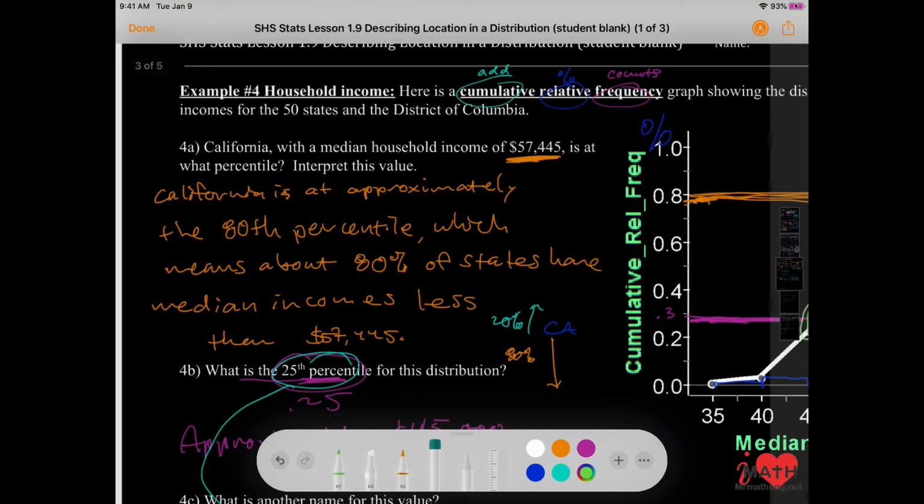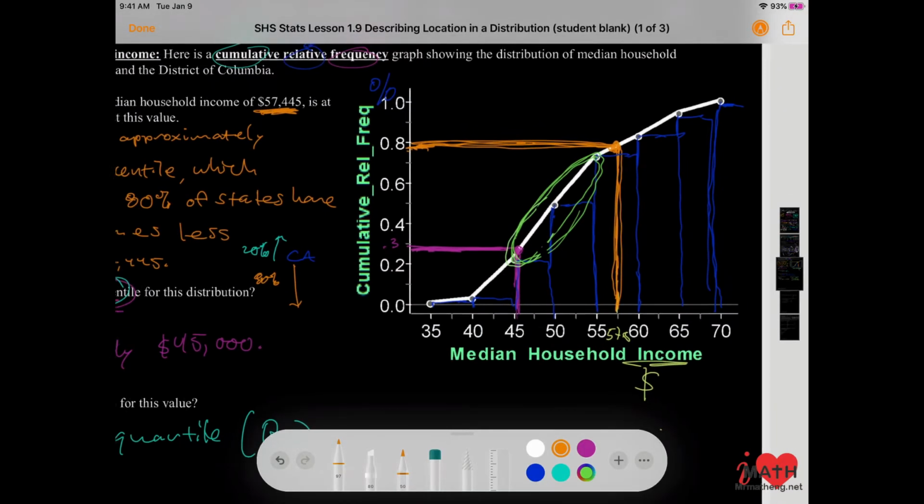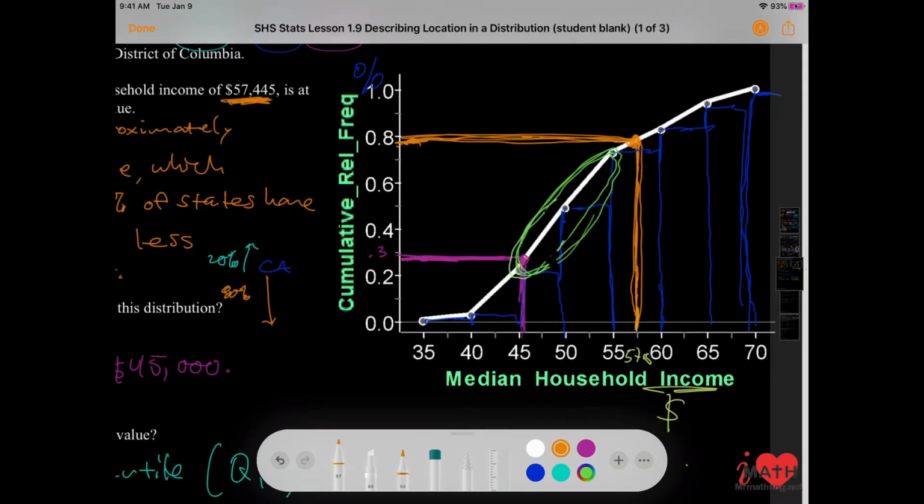Part A: California, with a median household income of $57,000, is at what percentile? So basically, 57,000 is money. And if you look at my graph, you have cumulative relative frequency and household income. Income is money.